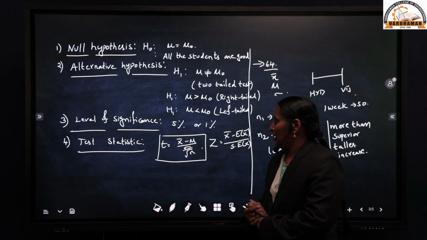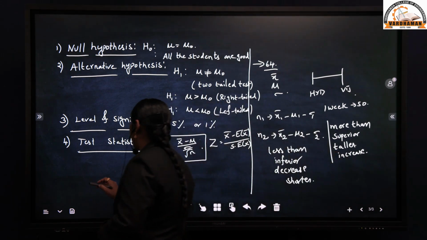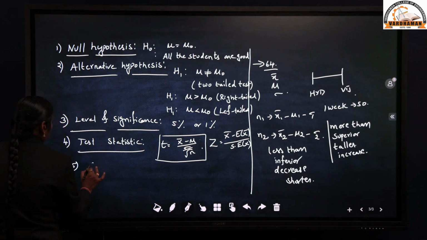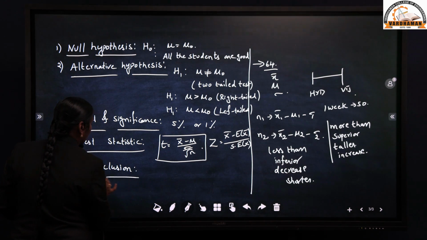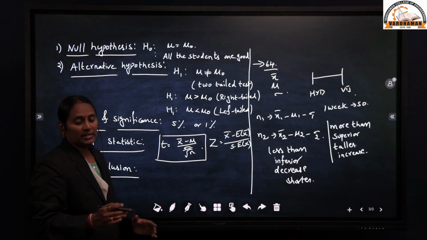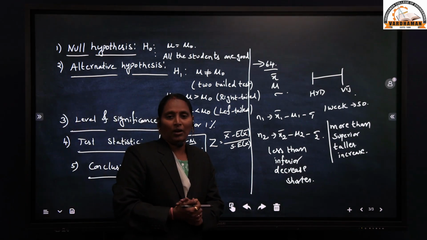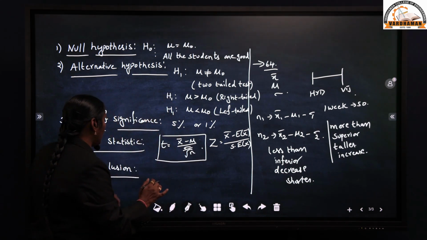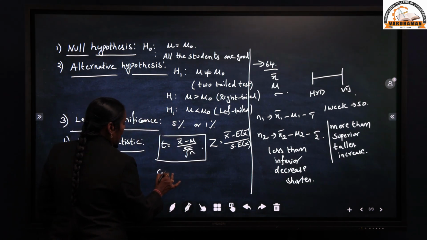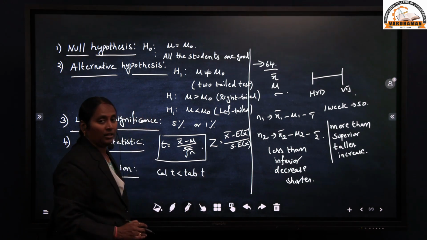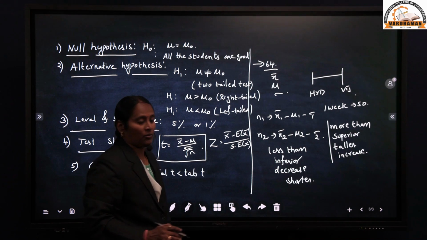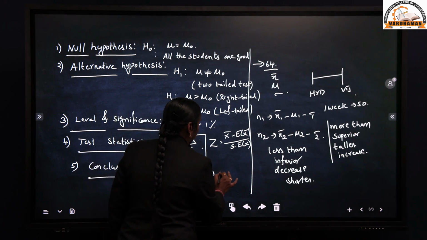Now the next step, the fifth step, is to write the conclusion. So how to make a conclusion? The entire process is done to conclude whether this data is right or wrong. If the calculated value of t is less than the table value of t, we have to accept our H naught.